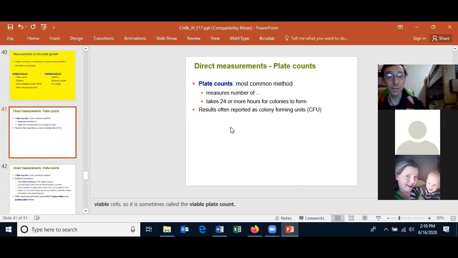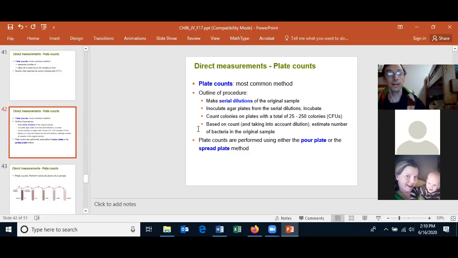This is the only method that counts viable cells, because only a viable cell will grow and form a colony. If you have a dead cell there, it will not grow to form a colony. So this method counts viable cells.